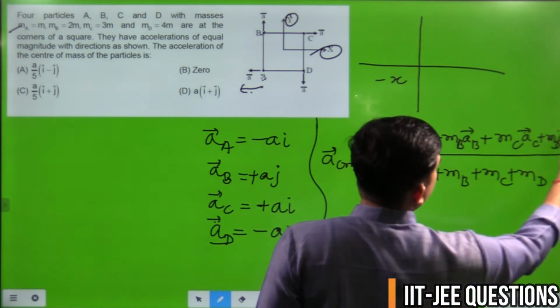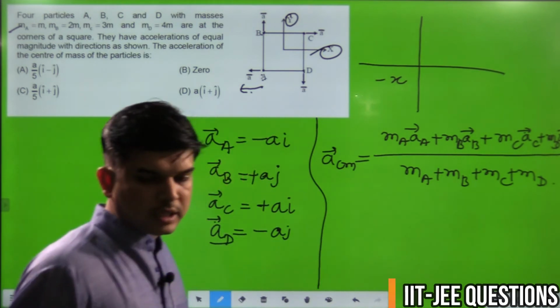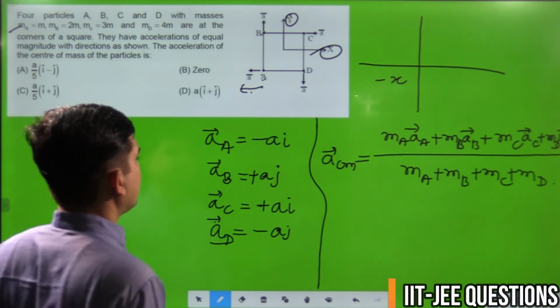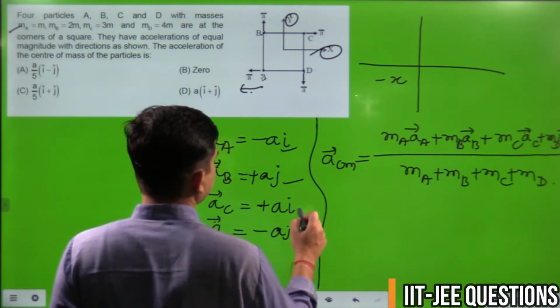Vector, don't forget to put the vector sign. Now finally put the values of a_i, a_j.